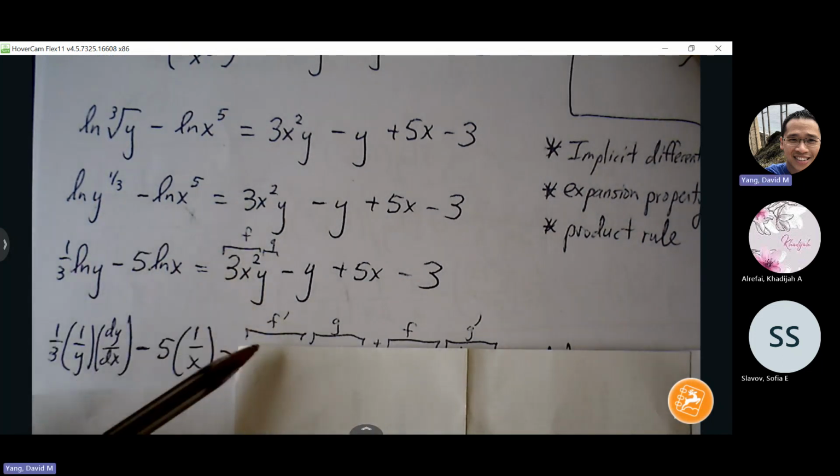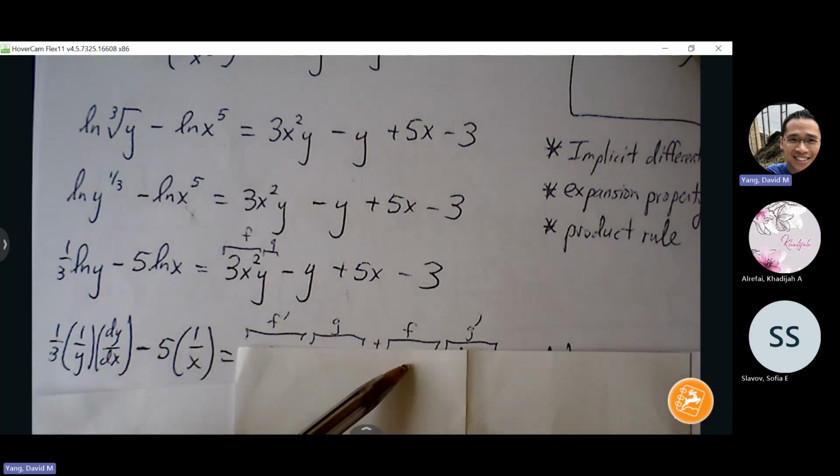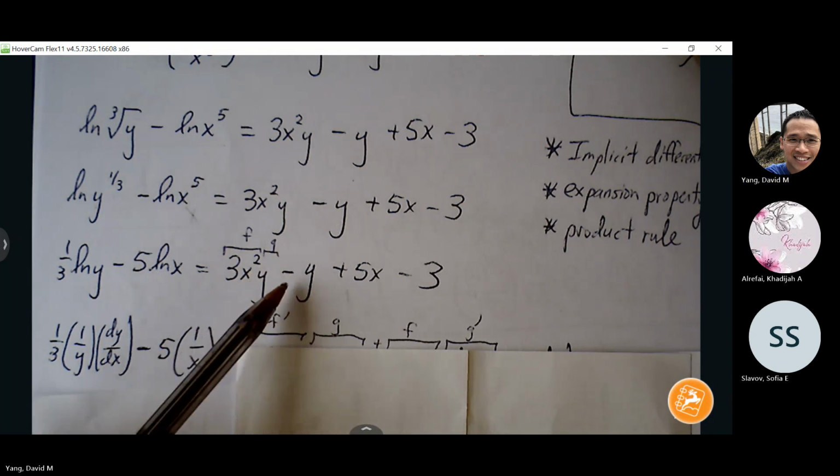So 3x squared becomes 6x. g is y, f is 3x squared, g prime is 1 times dy/dx.